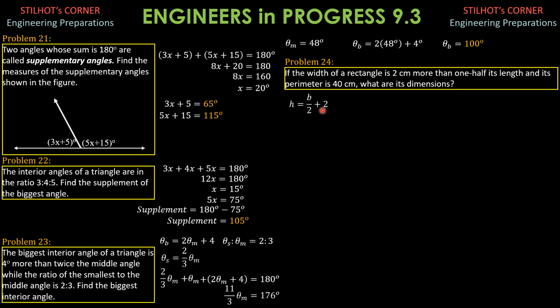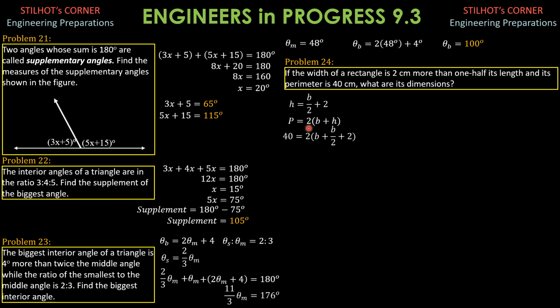H is 1/2 of B plus 2. Perimeter is 2 times quantity B plus H, so replace H with B over 2 plus 2, and perimeter 40. 40 equals 2 times quantity B plus B over 2 plus 2.